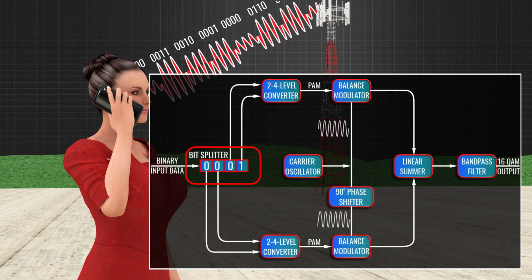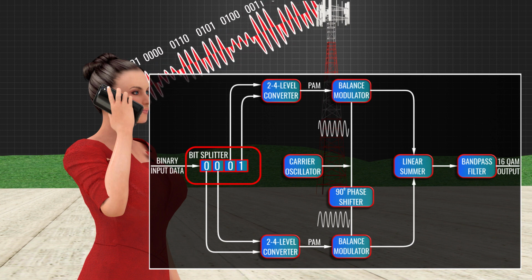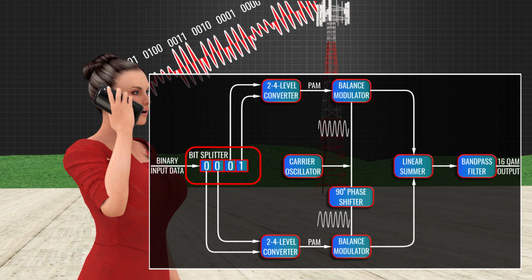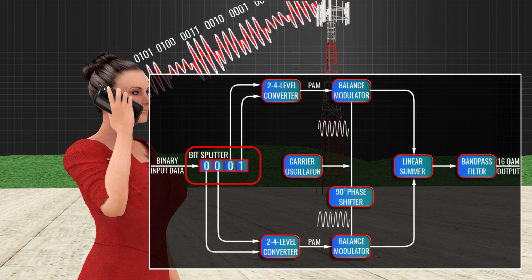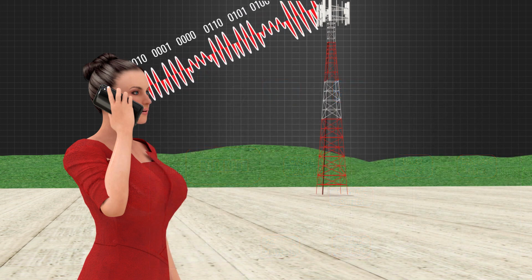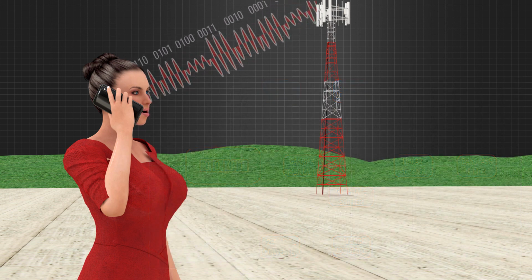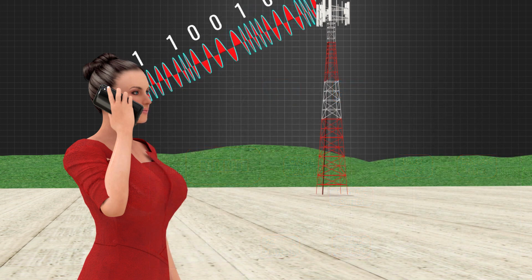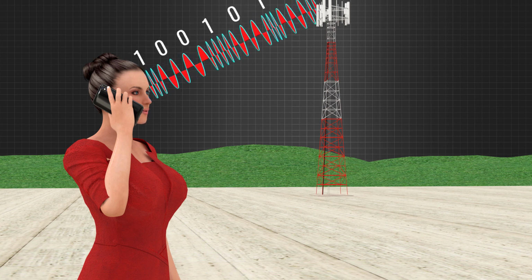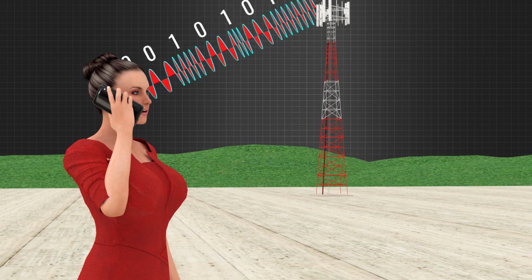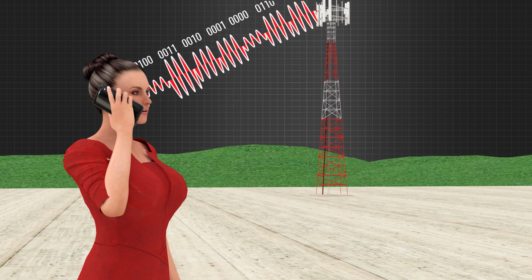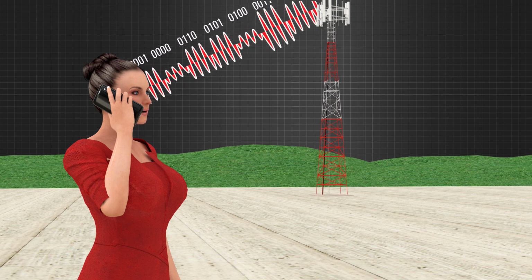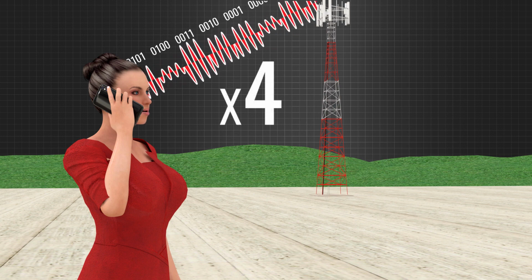As we have seen in this modulation, 2 carrier signals that are out of phase by 90 degrees are used. Hence the word quadrature is used to refer to this technique. If, instead of QAM, we had used a normal modulation technique to send 4 bits of data, we would have used 4 electromagnetic signals. Thus, 16 QAM increases the data transfer speed by 4 times.